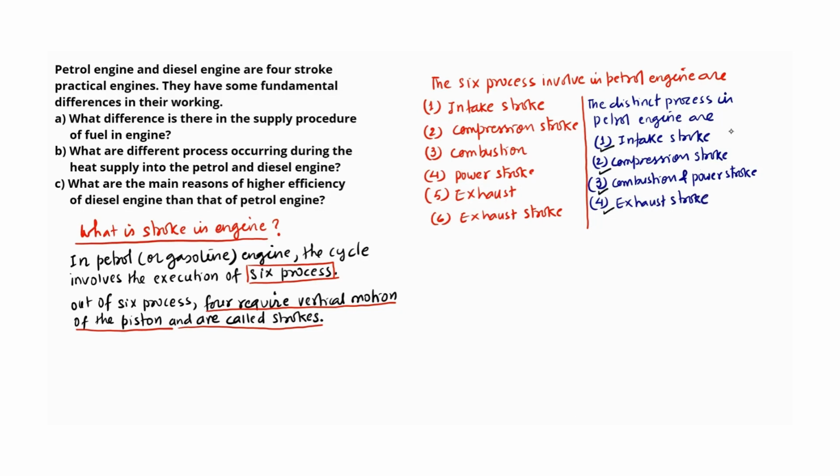So for this reason, petrol engines are called four-stroke engines. There are four distinct processes involved. So for that reason, petrol engines are called four-stroke engines. So we have this. Clear?